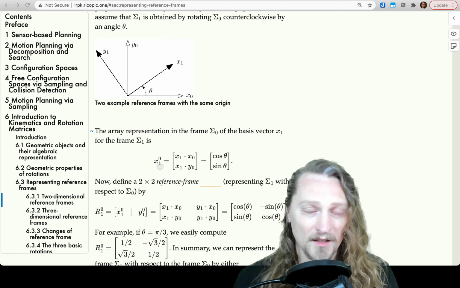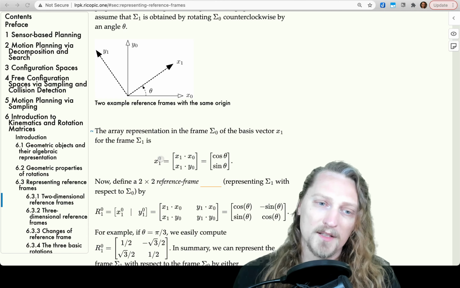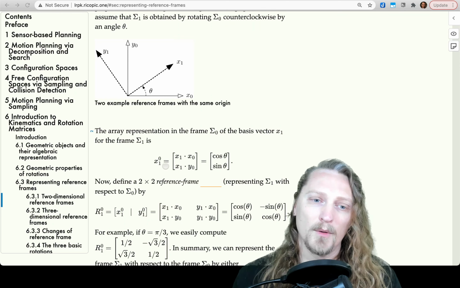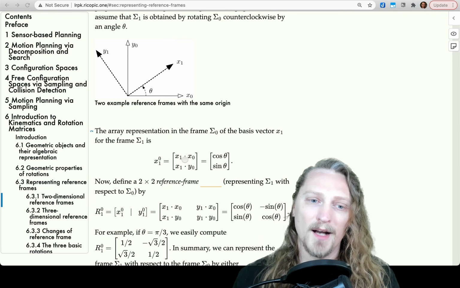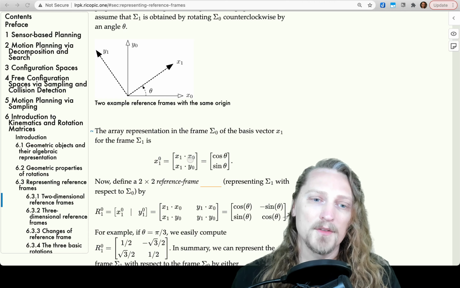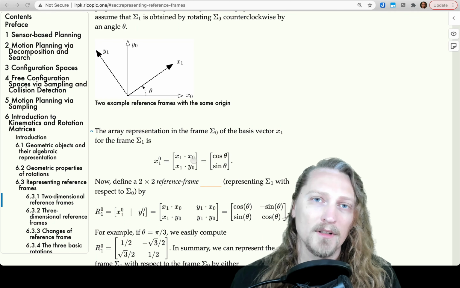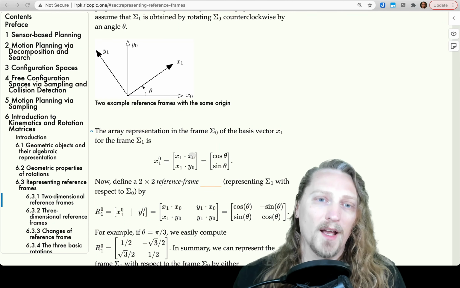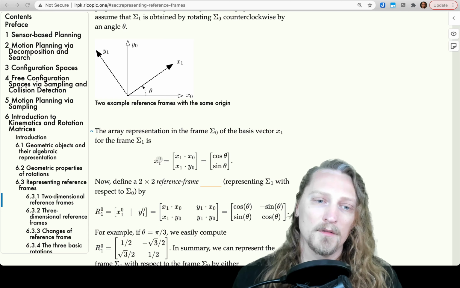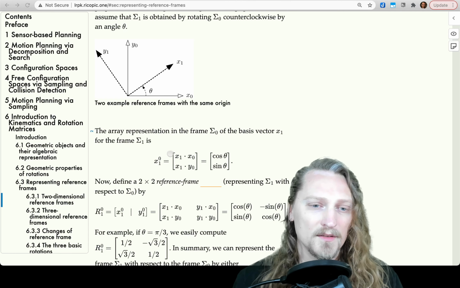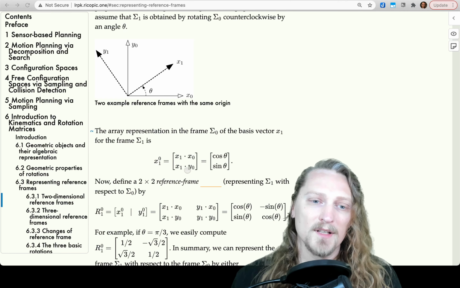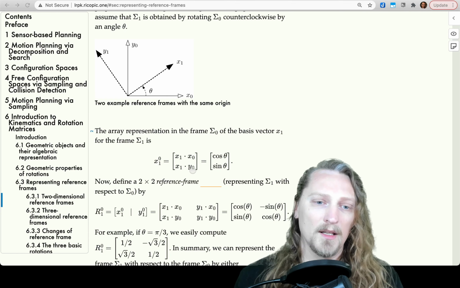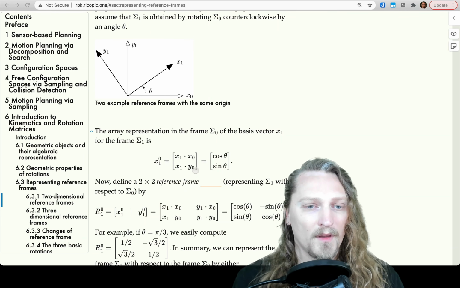If we represent it in a specific reference frame, it picks up that frame as a superscript in our notation. So we say that x1 dotted with x0, the amount of x1 in the direction of x0, is the x component of x1 written in the 0 basis. And x1 dot y0 is the y component of x1 in the 0 basis.